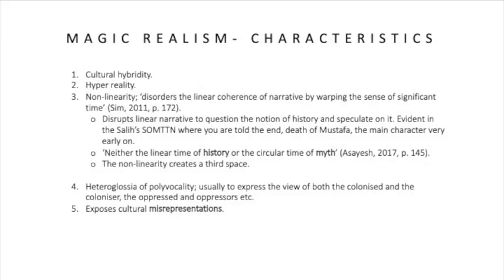And one other interesting characteristic in literature is the non-linearity of it. So that's in, for example, Season of Migration to the North, going back and forth. There's no beginning, middle, and end. There is just going back and forwards to tell the story.